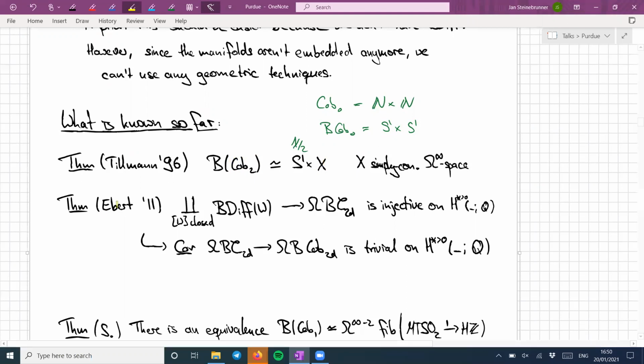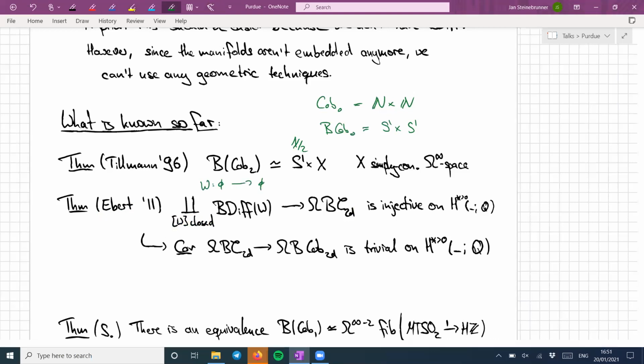And similarly, there's this other result, this theorem by Johannes Ebert, that is totally not meant to be a result about COP-D, but you can think of it as one. What he showed is that, well, we have this computation of the topologically enriched bordism categories, and whenever you have some closed 2D manifold, so this only works in even dimensions, there's a version in odd dimensions, but let's say in even dimensions, then you can think of this closed manifold as a bordism from the empty set to the empty set.